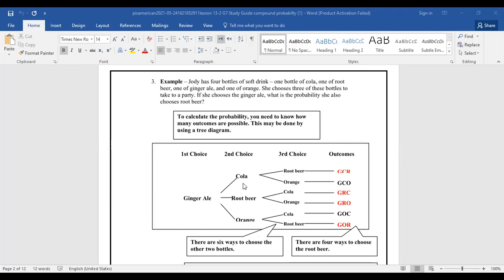The first one, we will take the first letter for each one. Who will tell me the first outcome? GCR. Yes, thank you. So the first choice will be GCR. The second choice, it will be what?